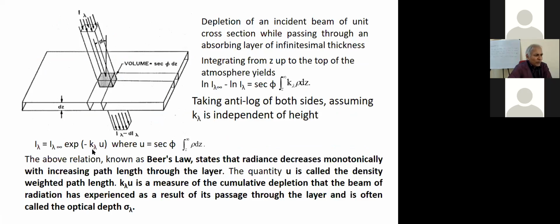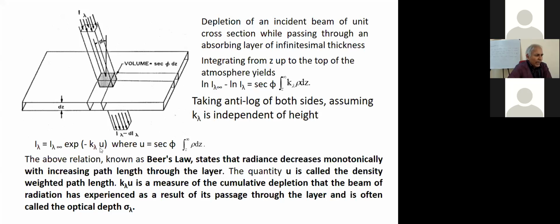The absorption coefficient is K lambda, and U is what we call the density weighted path length. The initial radiation gets depleted, and what actually emerges is I lambda because it suffers absorption. U is defined as secant phi into the integral from z to infinity of rho dz.